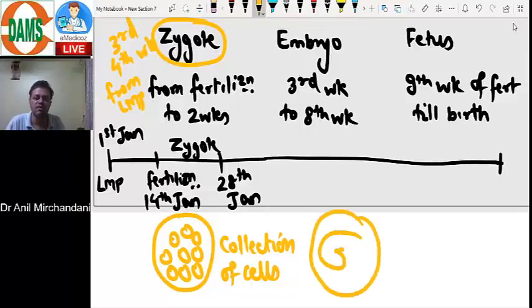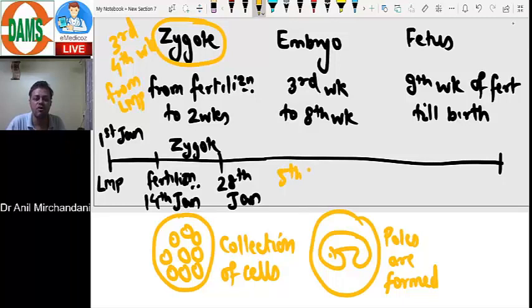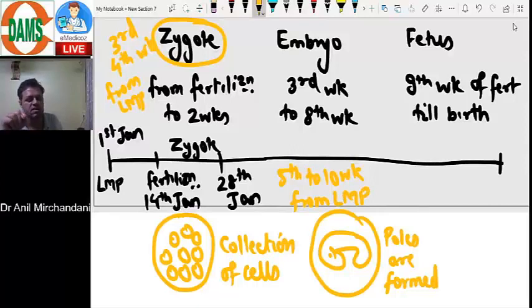Once poles are formed in the plate, then it is called embryo. This is from the 3rd week to the 8th week of fertilization, which means the 5th to 10th week from LMP. And we always count pregnancy from last menstrual period. Whenever weeks of gestation are given, it is always from last menstrual period.